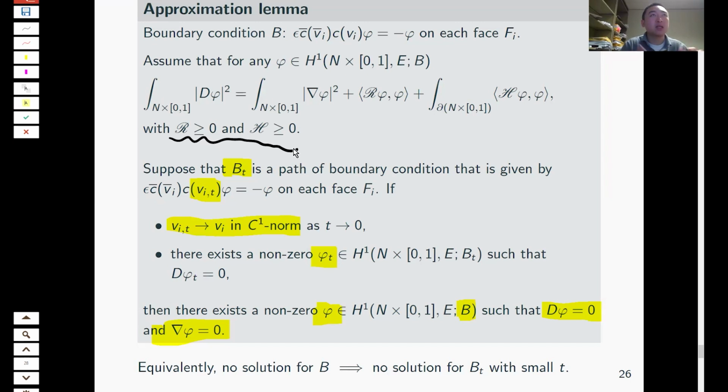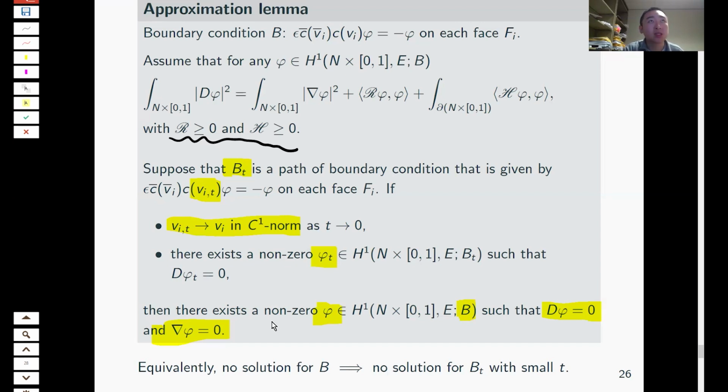I want to emphasize that this lemma has nothing to do with the essential self-adjointness or Fredholmness. Everything is done within H1. Equivalently, we can just reverse the statement: if in the limit case there's no solution, then also in the nearby cases there's no solution.